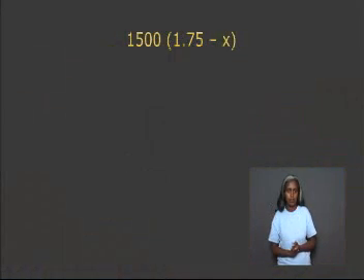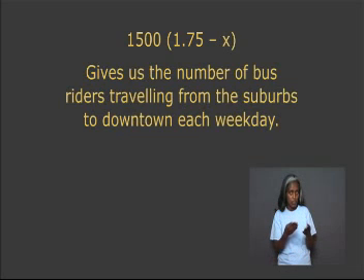Let us try a different type of question. The equation 1500 multiplied by 1.75 minus x gives us the number of bus riders traveling from the suburbs to downtown each weekday.